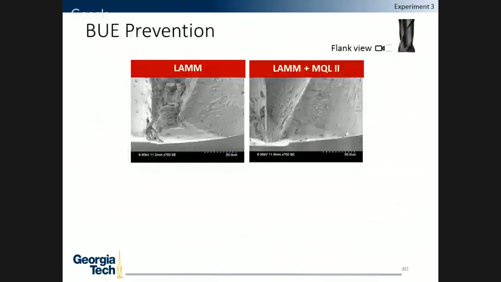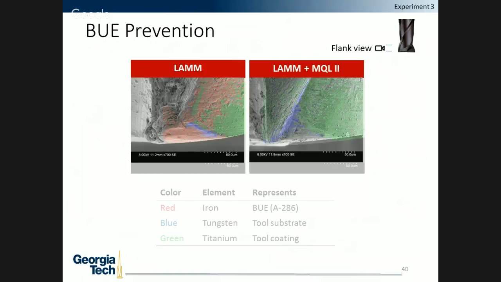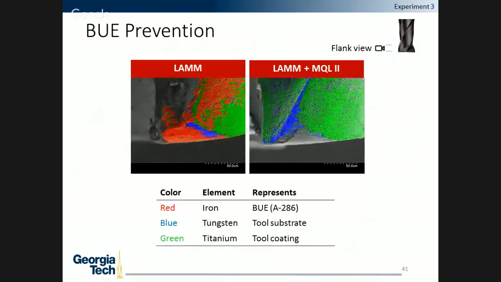And to further investigate LAMB plus MQL2, here is a side-by-side comparison of LAMB and LAMB plus MQL2. And to help verify that what we're seeing is built-up edge, EDS, energy dispersive spectroscopy, was done, and the dots that you see represent the most dominant element.